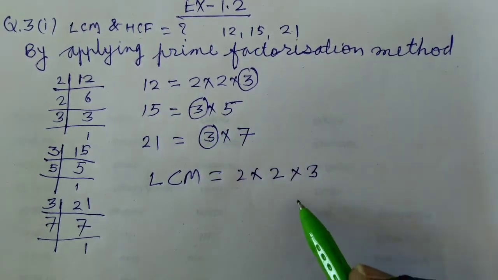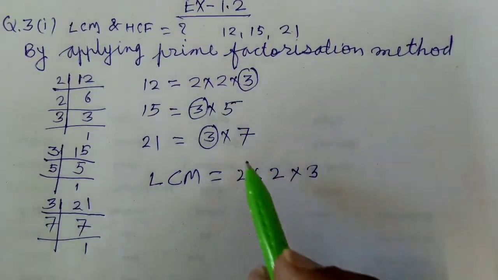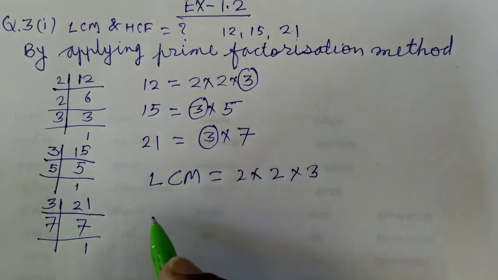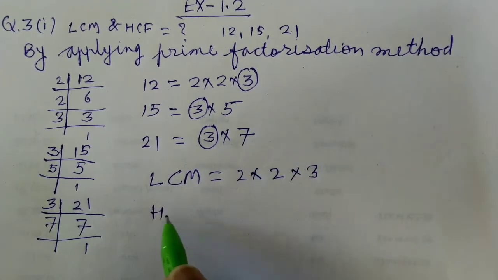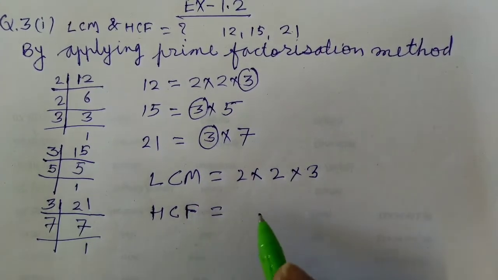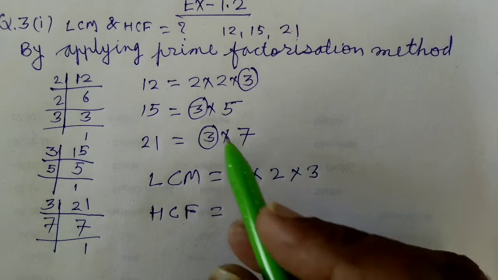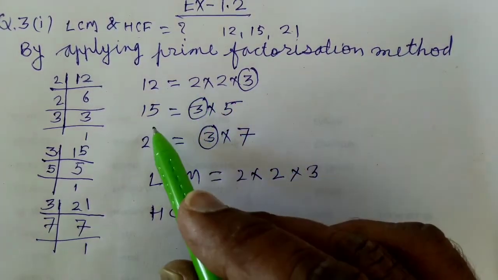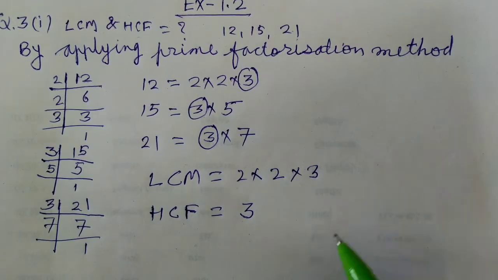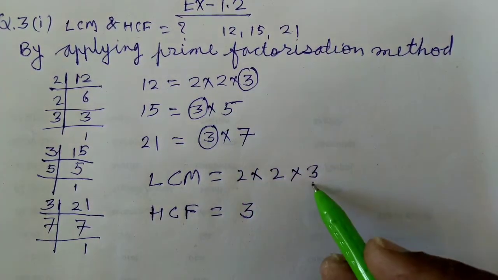So 3 is common in all three numbers. So first I am writing the HCF, so our LCM will be easy. Is there another number common in all three integers? No. So 3 is the HCF. We will write 3 only one time.